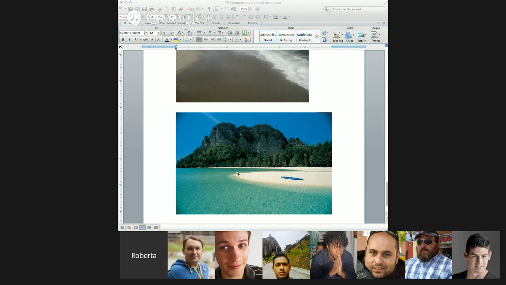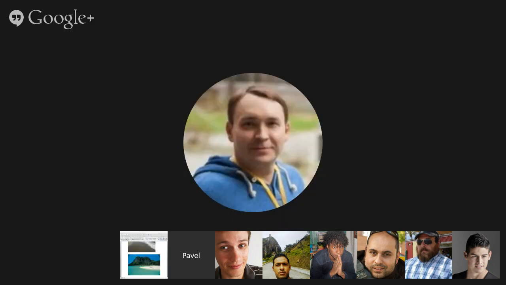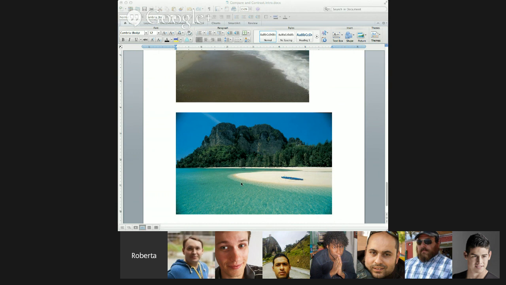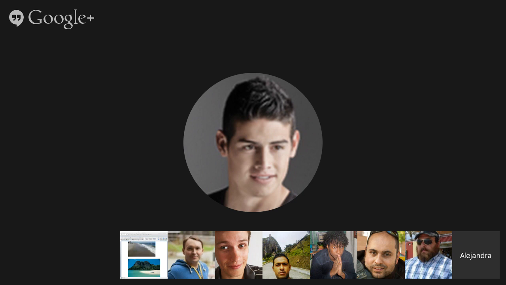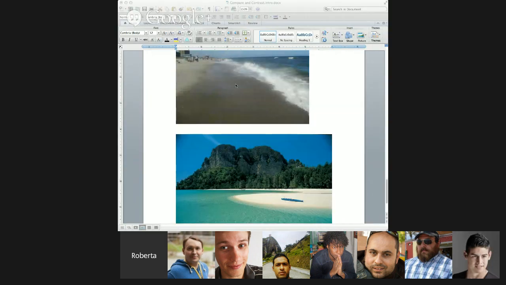Okay, this is a pretty famous beach in Thailand. Yeah, Thailand has some very beautiful beaches. What are some differences that you can see between these two different beaches? The color of the water, yeah, definitely. Can you say more?